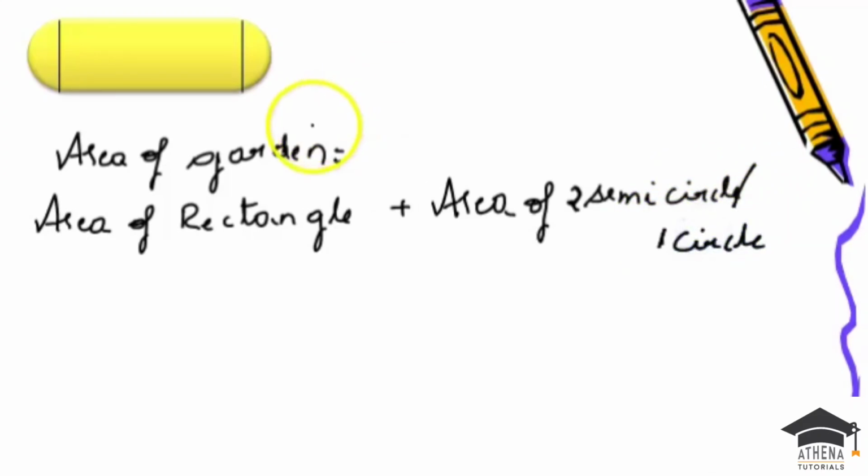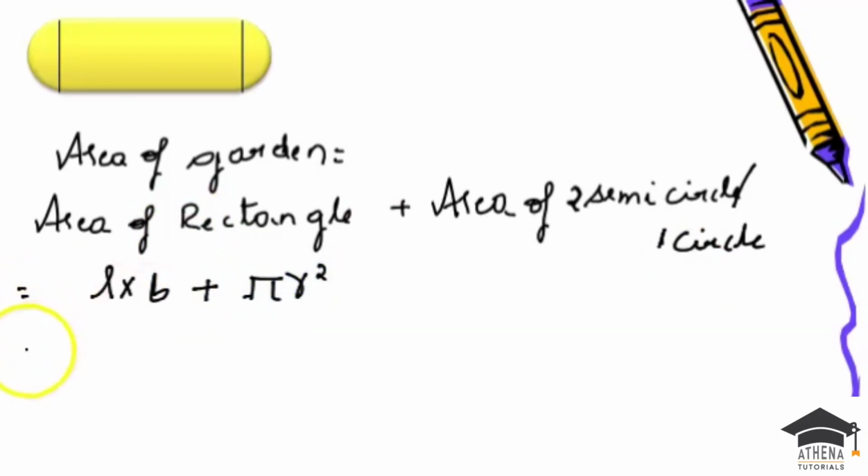So area of this entire garden is area of rectangle plus area of two semicircle or one circle. So what is area of rectangle? That is length into breadth plus area of circle, one circle, is pi r square.